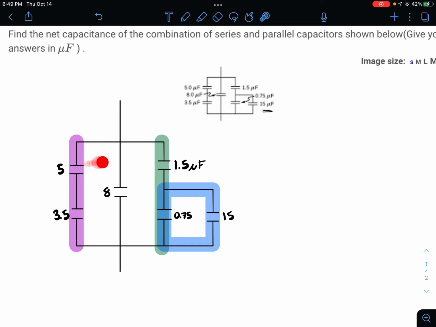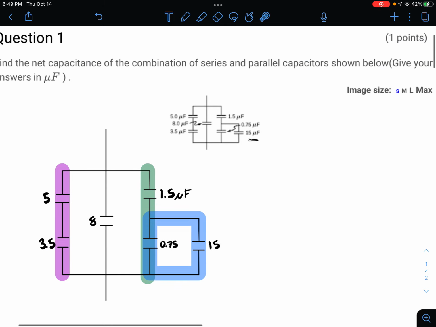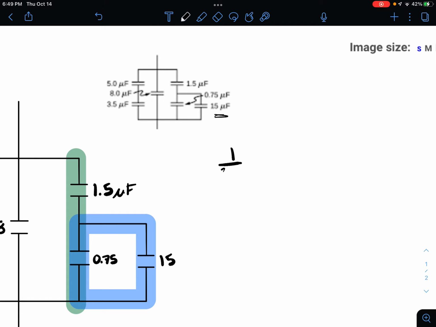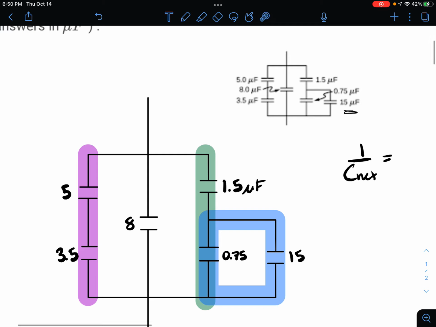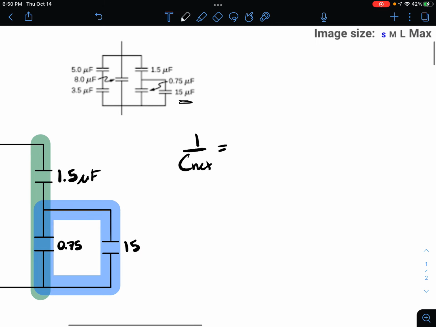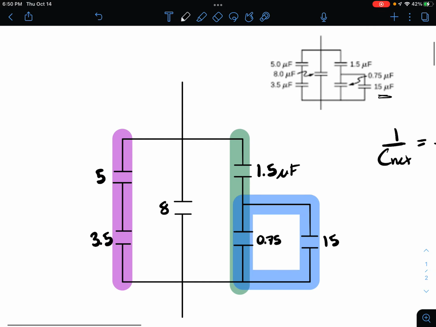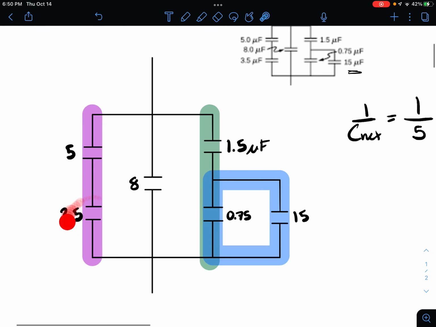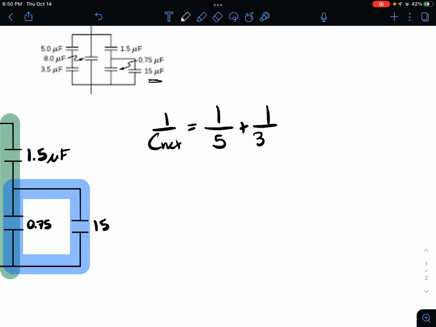But these two capacitors are in series. So because they're in series, we get to use our 1 over C net equals 1 over this C, 5, plus our 1 over this one, 3.5.